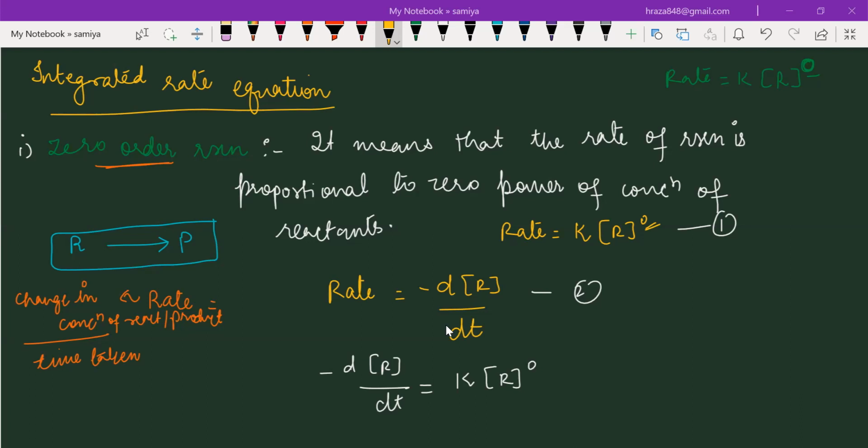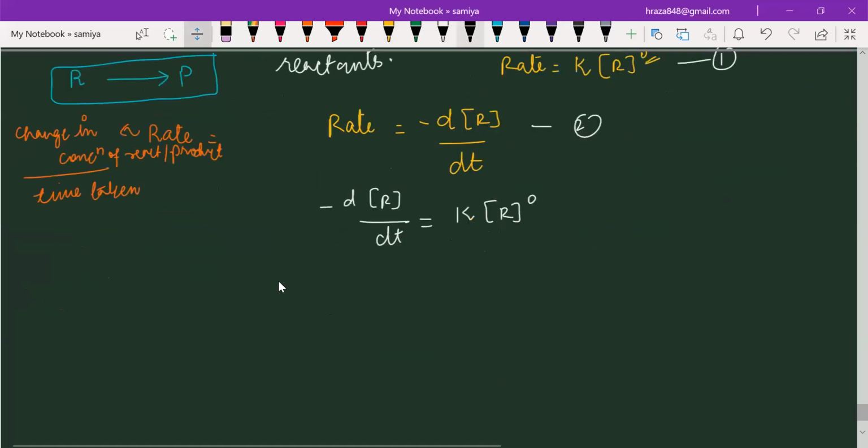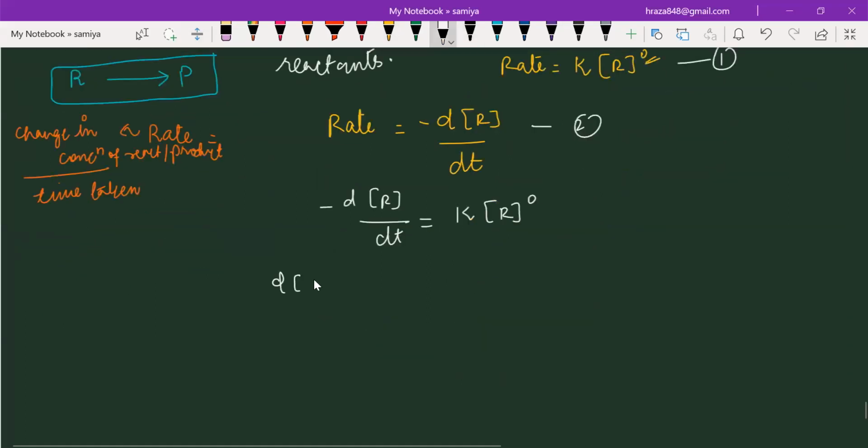Let me know when you are done with this. Done, sir. Everyone done with this? Now I'm just going to solve this. Nothing more than that. So can I write d[R] will be equal to, you know that anything which has power 0 will be equal to 1.